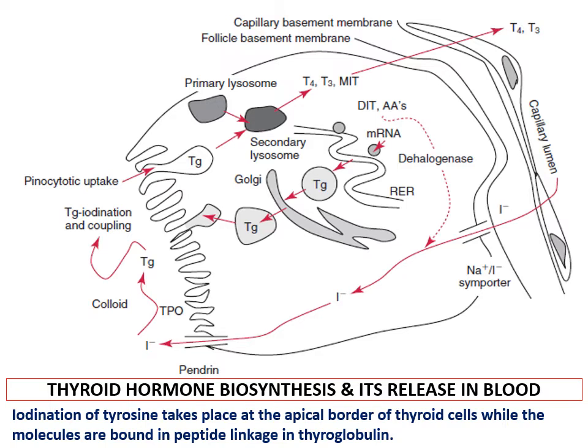The major hormonal product of the coupling reaction is thyroxine, that is tetraiodothyronine.